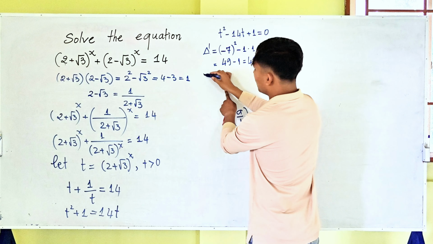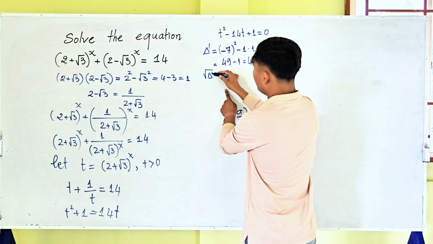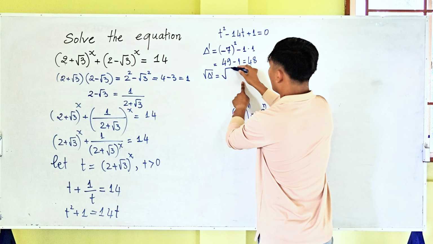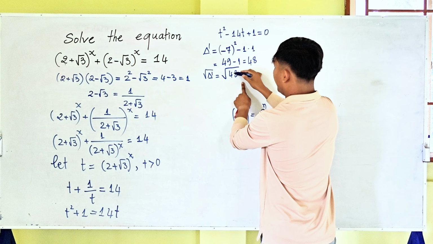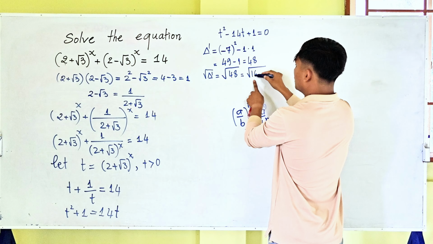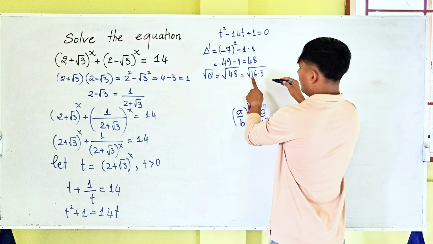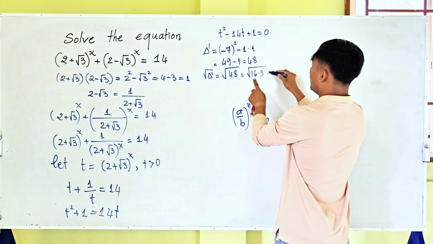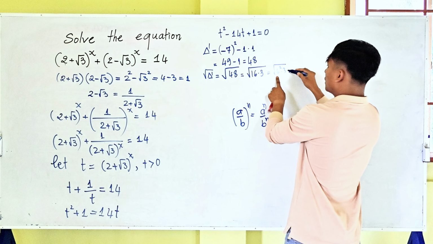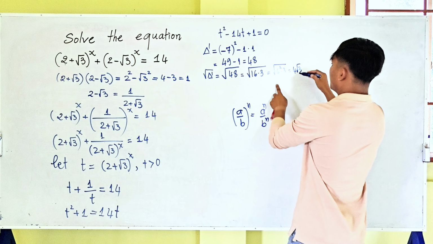And we get the square root of delta prime equal square root of 48 and equal 16 times 3. And 16 equal 4 squared. Square root of 4 squared times 3. And we get this equal 4 square root 3.